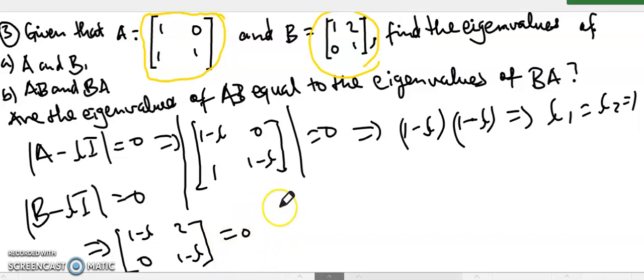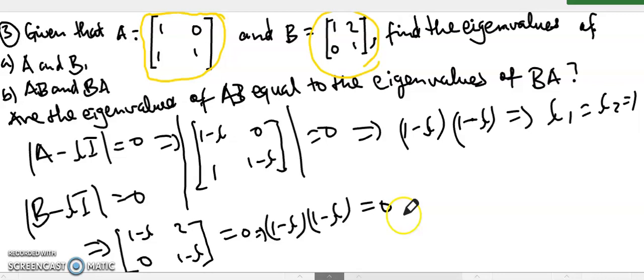Again, you observe we are having the same identity, 1 minus lambda and 1 minus lambda. 2 times 0 will simply be 0. So 1 minus lambda squared is the only thing left, and this must be equal to 0. This implies that lambda 1 is equal to lambda 2, just like in the beginning. This is also equal to 1. So 1 is the eigenvalue for matrix B.